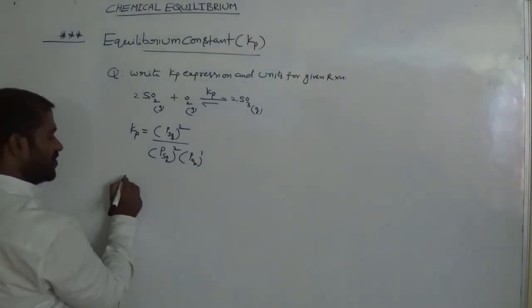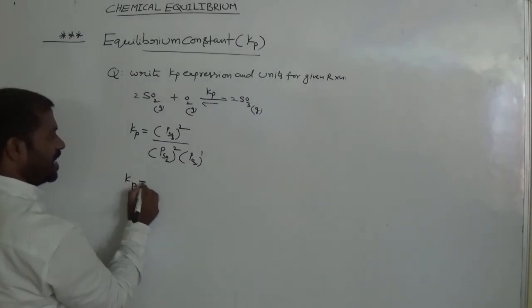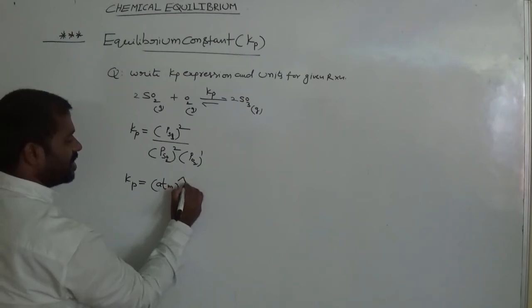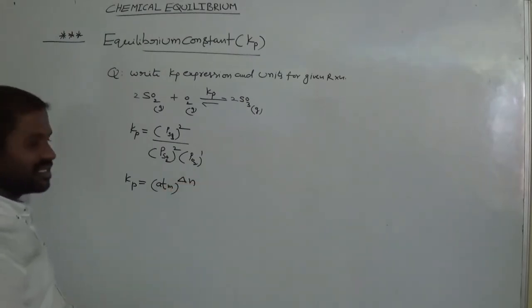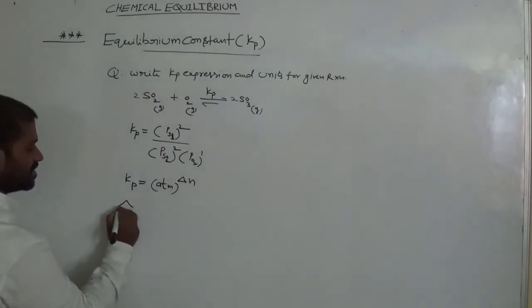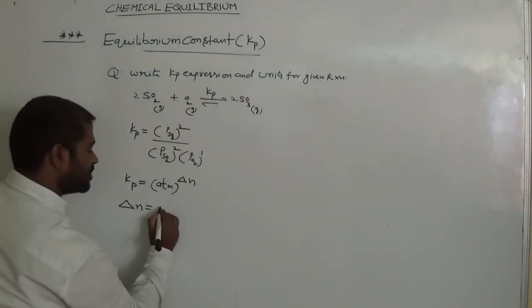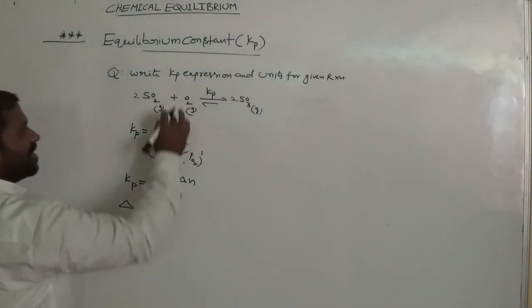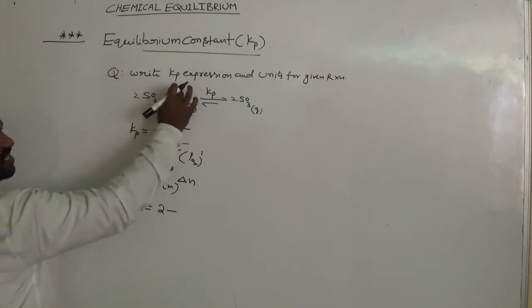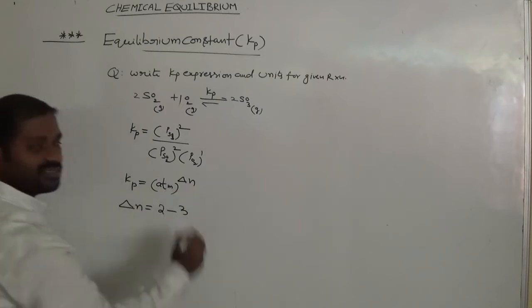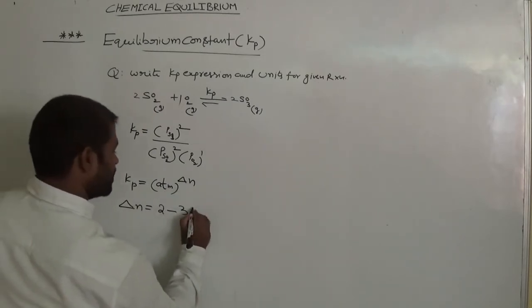Now what is the unit for Kp? You know already Kp is atmosphere whole power delta n. Am I right? So what is the value of delta n? Delta n is equal to number of moles of products minus number of moles on the reactant side. 2 plus 1, how much is it? 3. 2 minus 3, so how much is it now?